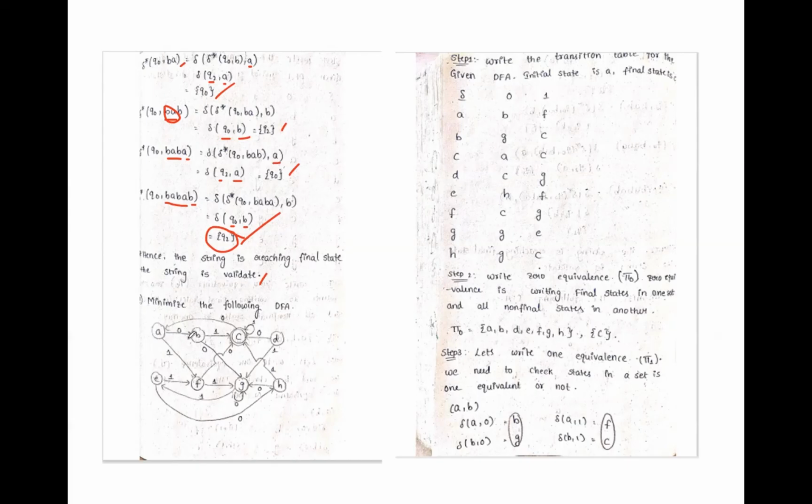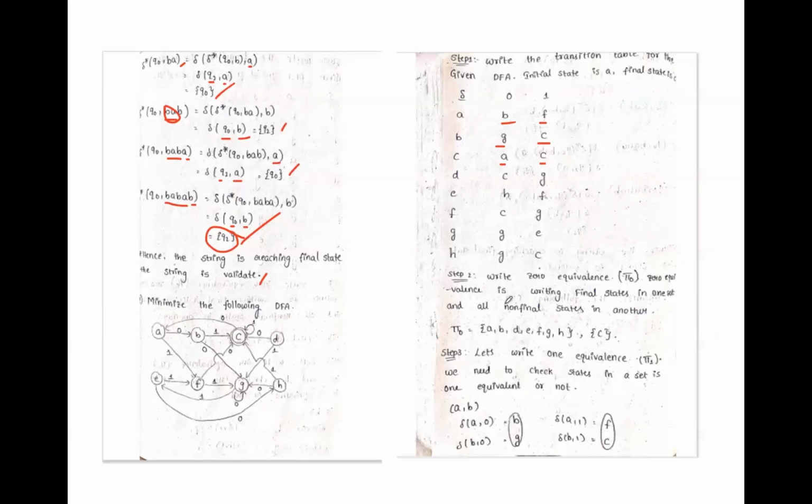So A on 0 is moving to B. A on input symbol 1 goes to F. Then B on input symbol 0 moves to G. B on input symbol 1 moves to C. C on input symbol 0, A. C on input symbol 1, self loop, C. So like that you need to write for all the states.